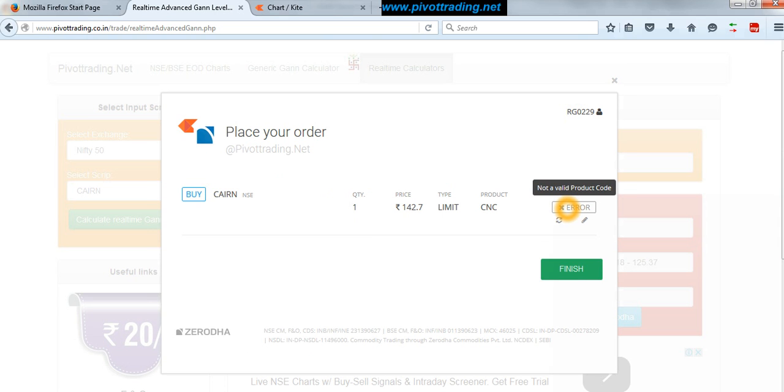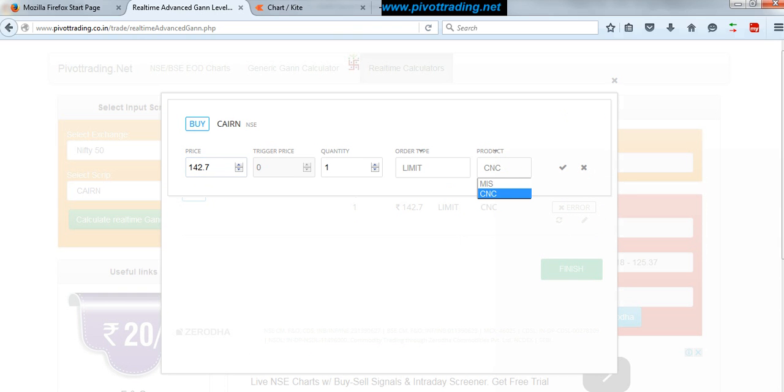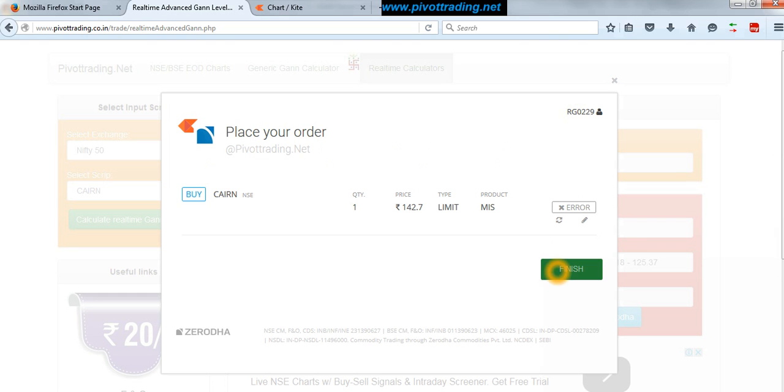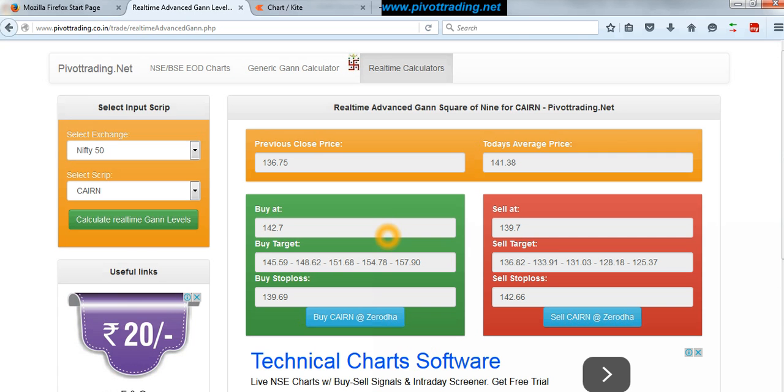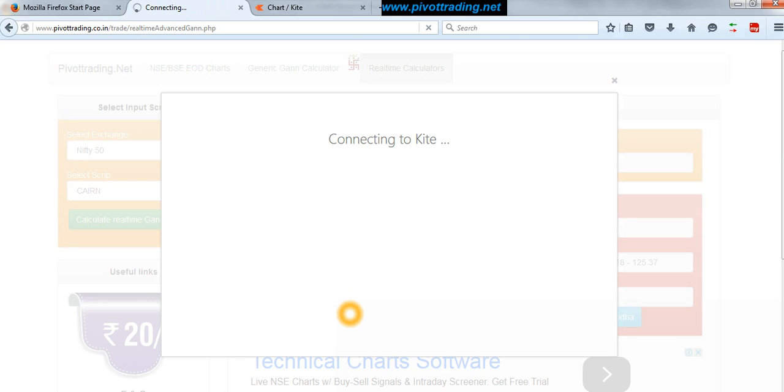See, it gave me an error saying not a valid product code. So basically, because of CNC, but if the market is closed, let's see if I do an MIS intraday here, and I do an OK. Well, so this is anyways gone, so I have to place a buy order again. So here I do a buy GAN at Zerodha, my account.